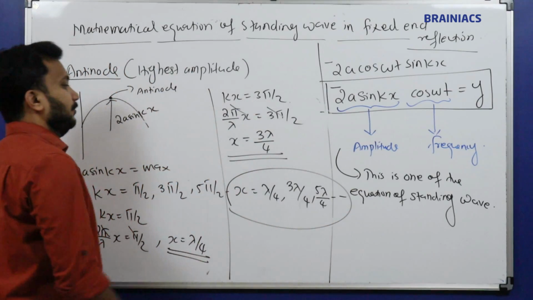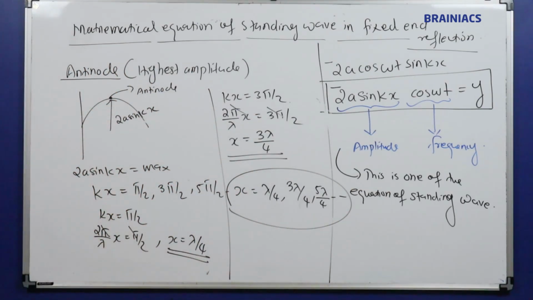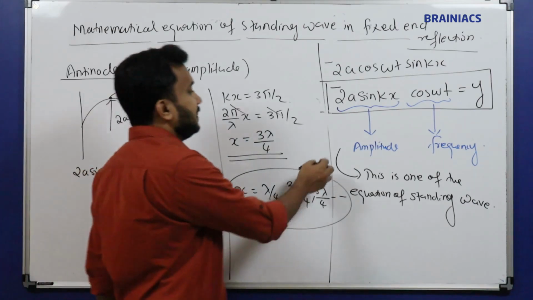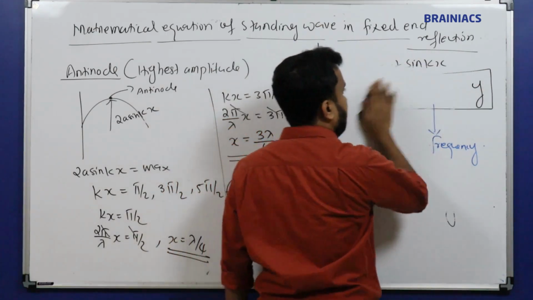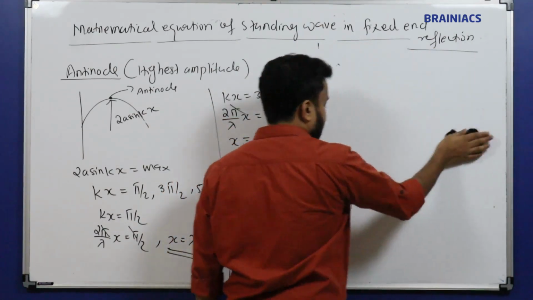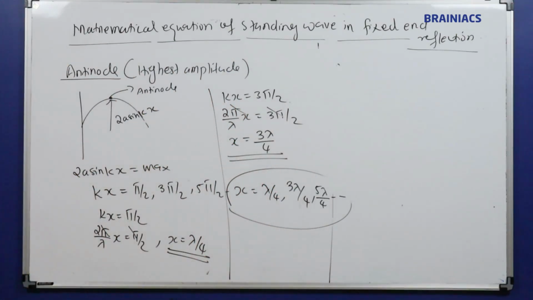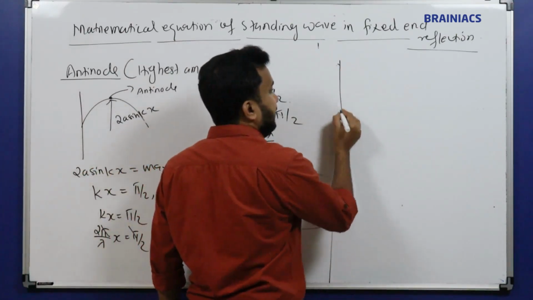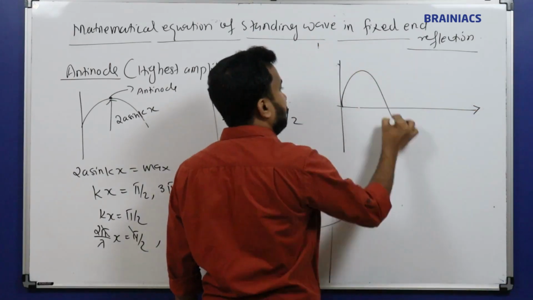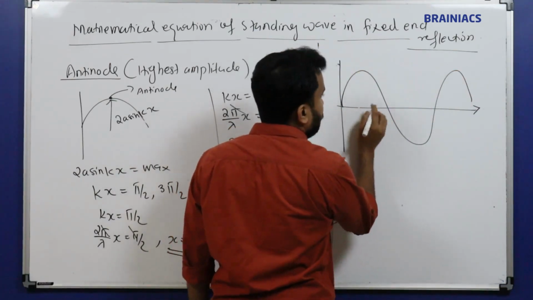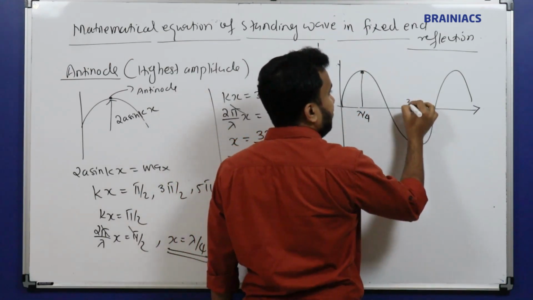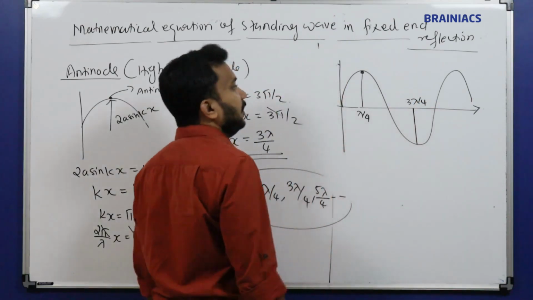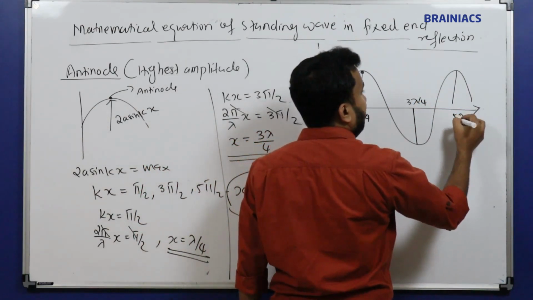For all these values we will get maximum amplitude. That position is known as antinodes. If you are drawing the waveform, lambda by 2 is half. So this is lambda by 4, this point is 3 lambda by 4, this point is 5 lambda by 4.